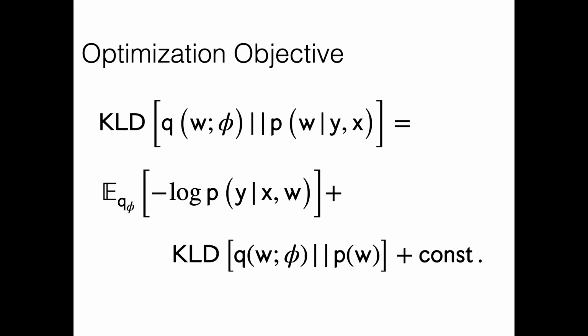Let me find some chalk. Right, so we have, and I'll just write Q and P as shorthand for these distributions. Q is the variational posterior, P is the true posterior, but this derivation will work for any posterior here.